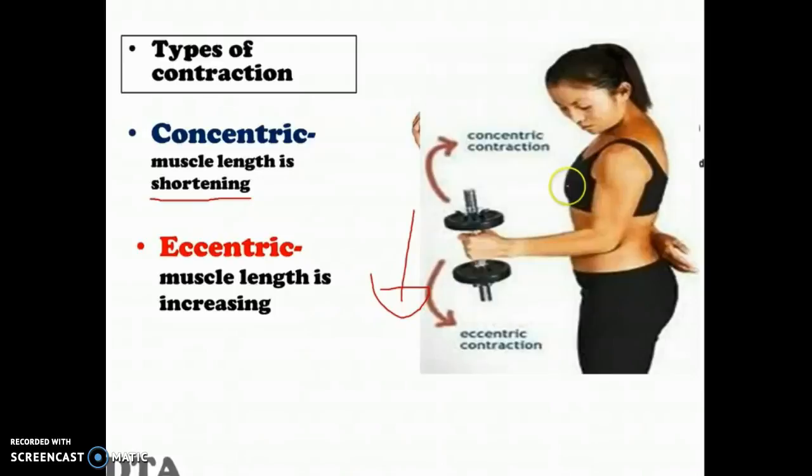Note that it's still the bicep that's the working muscle, and that's where a lot of people get confused because of the concept of the pairing. If you do that yourself with a quite heavy weight, you would notice that it's that muscle that still works. That's your eccentric contraction.